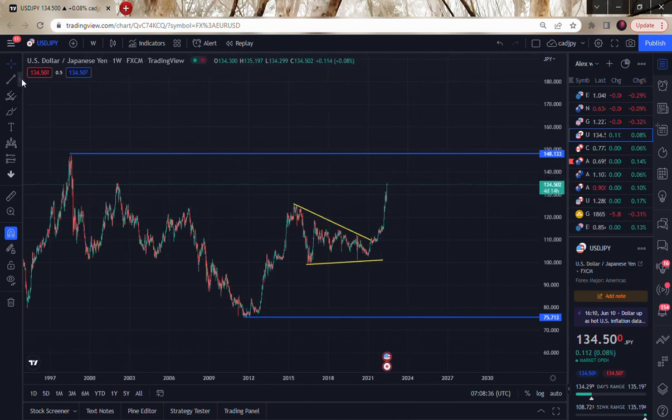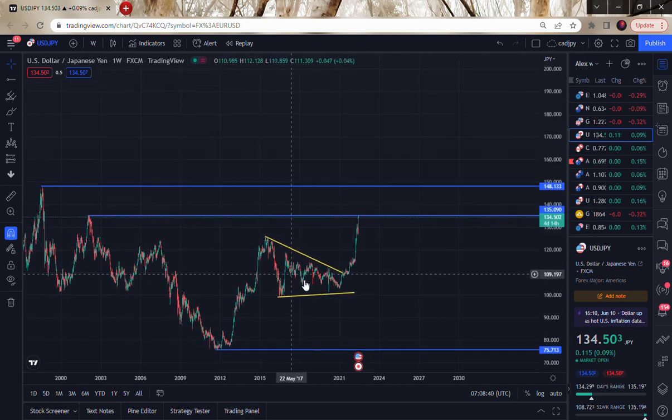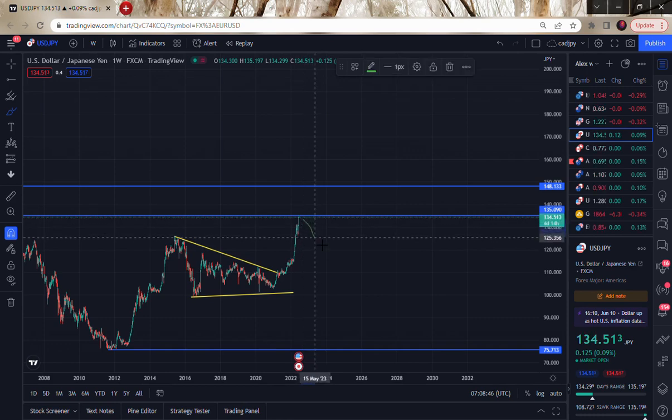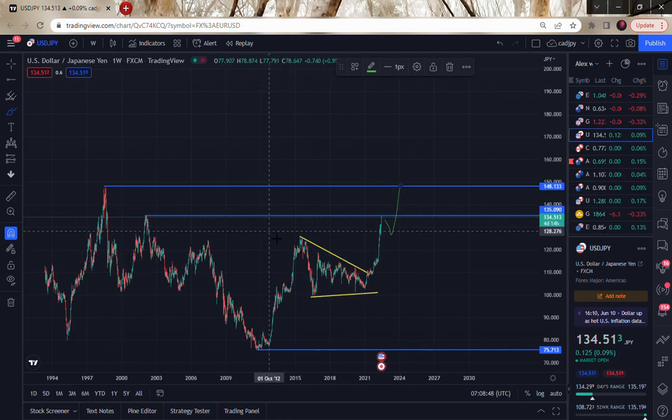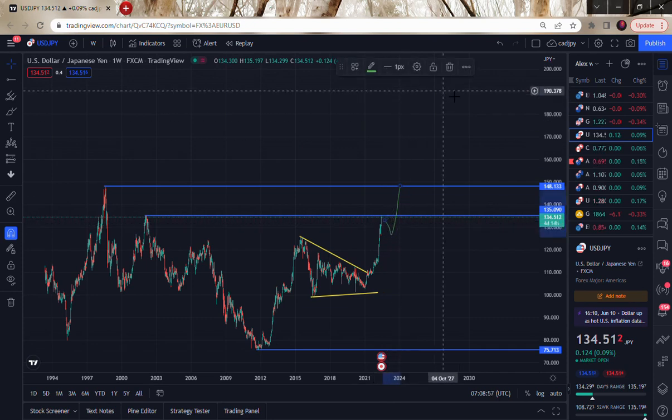Now we are here at this area, which is also an area of importance. We have the impulse, and then this area of importance is where we'll be anticipating perhaps that correction to then continue to the upside. If we don't get that correction to continue to the upside, then we can go to the downside.